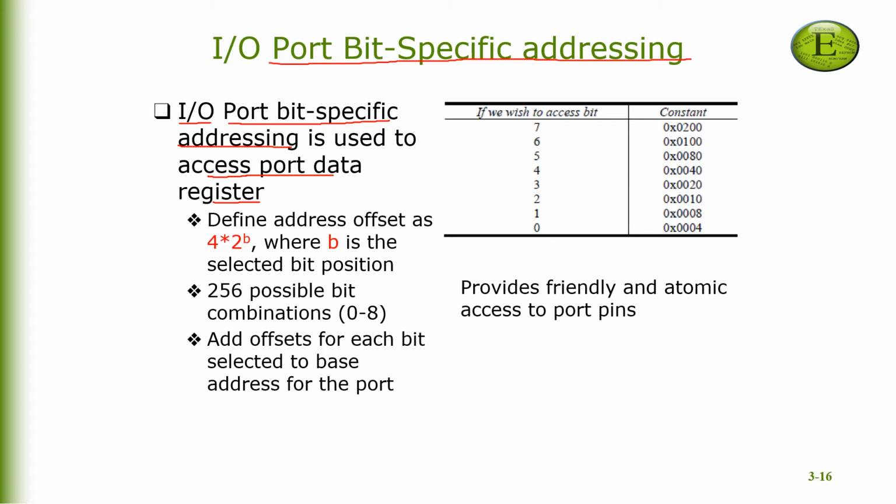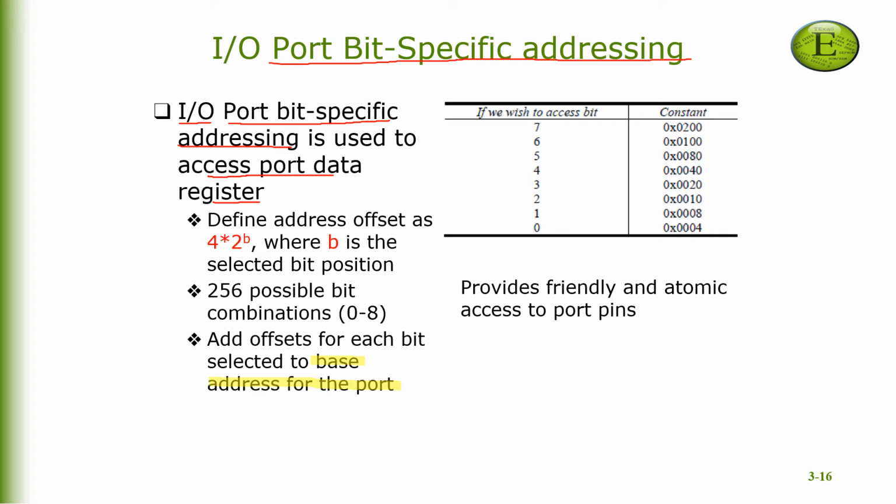The first thing to note is that there is a concept of a base address of every port. So we are first going to take the base address of the port. In the previous example, we will first take the base address of port A. And that address can be found from the data sheet, or perhaps it may be somewhere in the textbook as well, but I'm not sure about that.